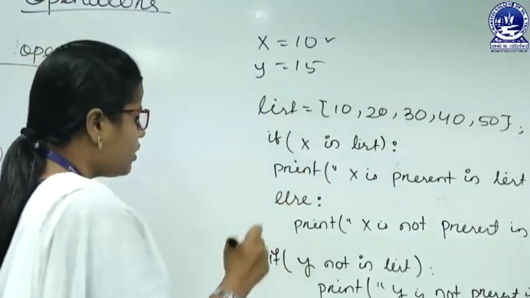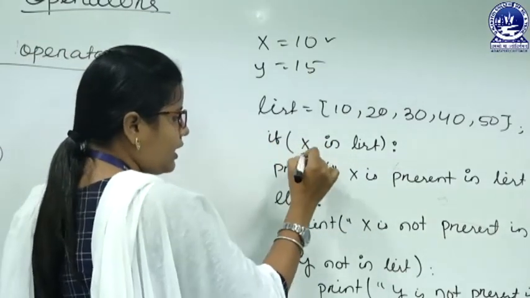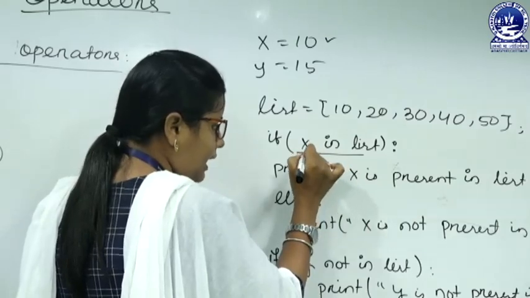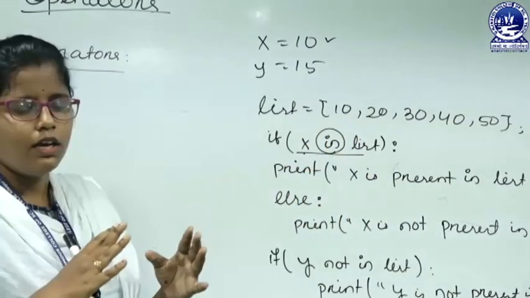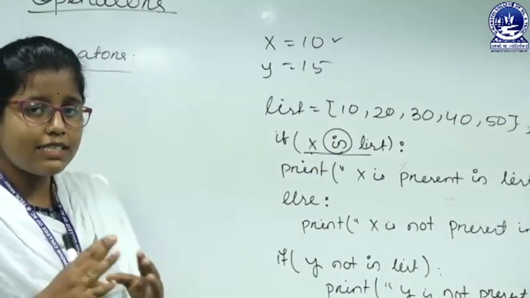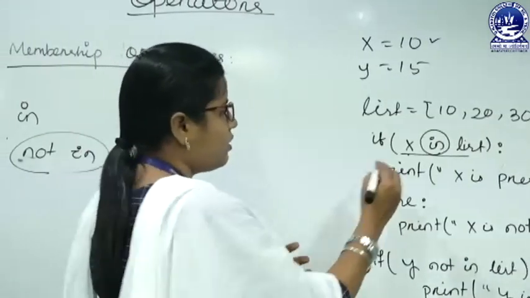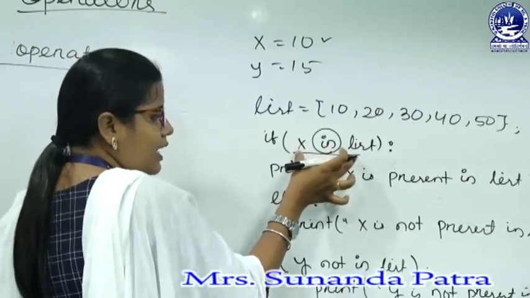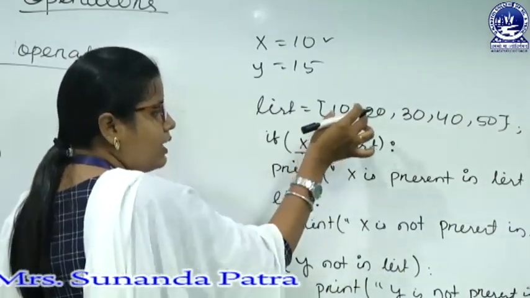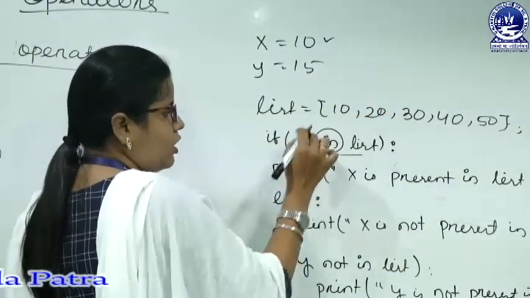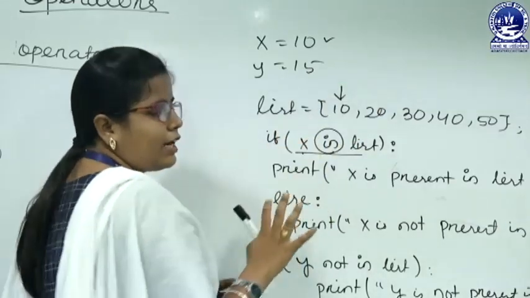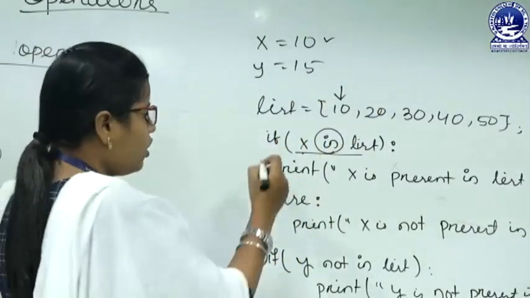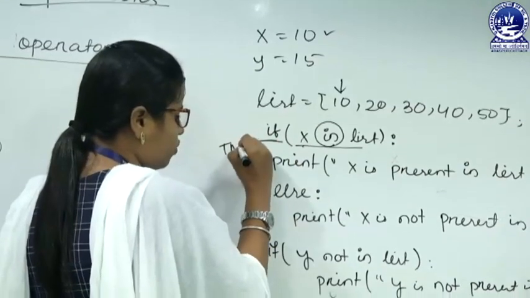In the first if condition, I mentioned x in list. I am asking, is x present in the list? What is the value of x? X is 10. Then it will check if the x value is inside the list or not. The first value is 10, that means x is present. So, this if condition is true.